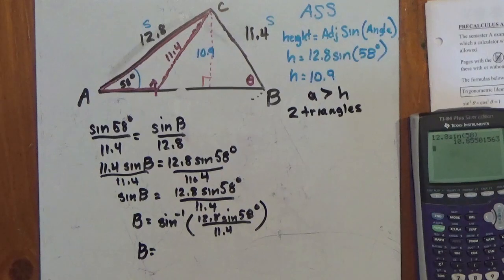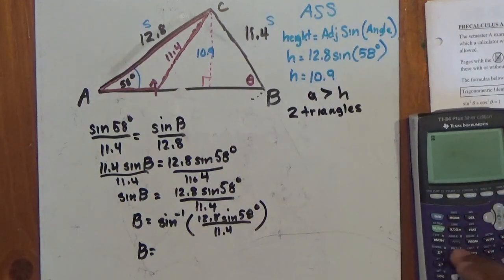All right, inverse sine 12.8. Let's put another parentheses in here. Put our numerator in a parentheses.